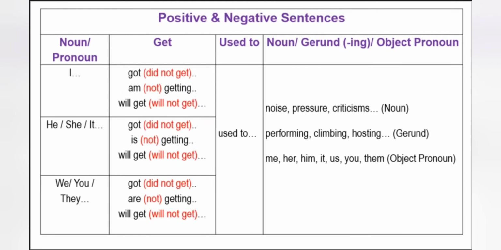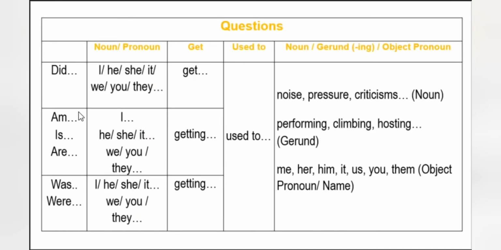So how about questions? So I also divided them, no? Yung did, ito yung simple past. Ito naman part na to may getting at saka mga present forms. Itong am, is, are. So these are present continuous. Ito naman was, were, and then may getting. Ito naman yung past continuous, no? So, kamukha na sinabi ko kanina, you may survive using these tenses, no?